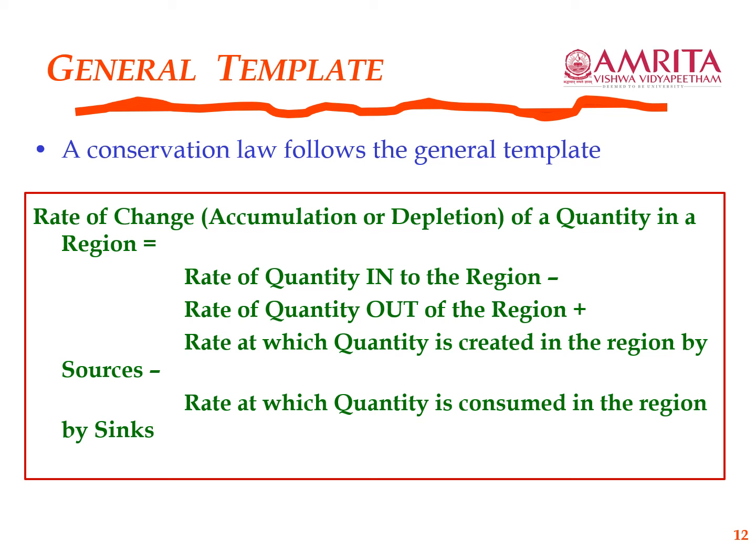This is the classic Eulerian way of looking at a system, where you define a region, a control volume, then you look at what comes in and what goes out. This leads to what you have done in all your chemical engineering courses, called shell balances: shell species balance, shell momentum balance, shell energy balance, shell mass balance.